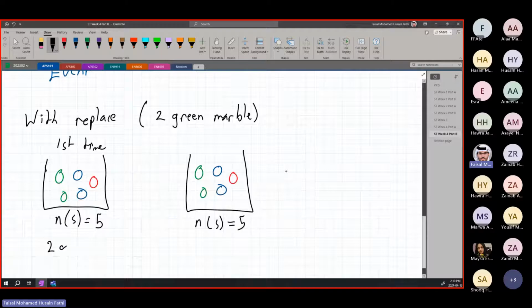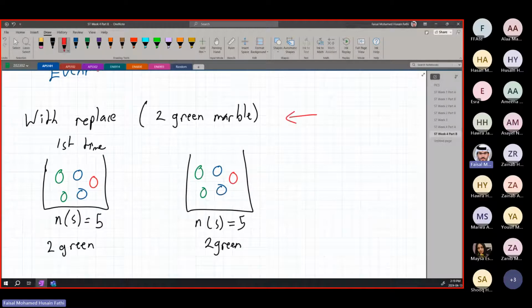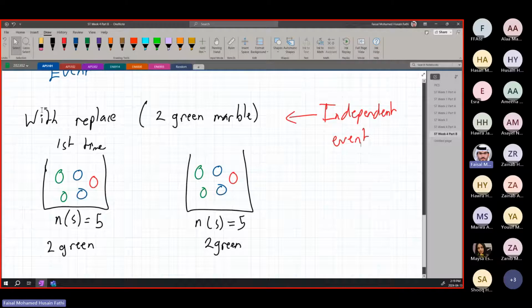We still have 2 green marbles here. We still have 2 green marbles here. So in other words, this is what they call an independent event, because there is replacement. So without replacement will be dependent. With replacement will be independent.